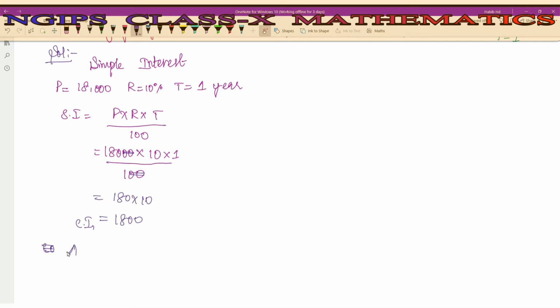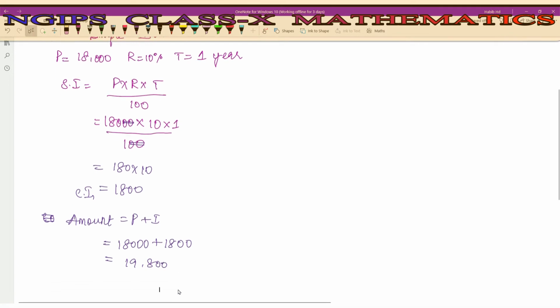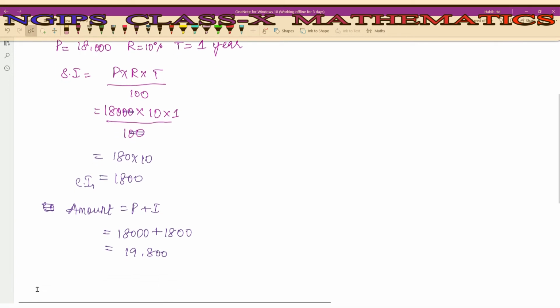Now we need to find out the amount. So amount is equal to principal plus interest. So principal we have 18,000 plus interest we have 1800. So if you add 18,000 and 1800, you will get 19,800.